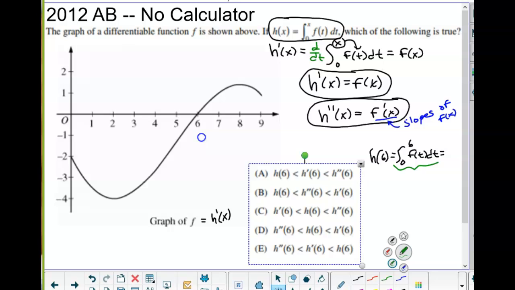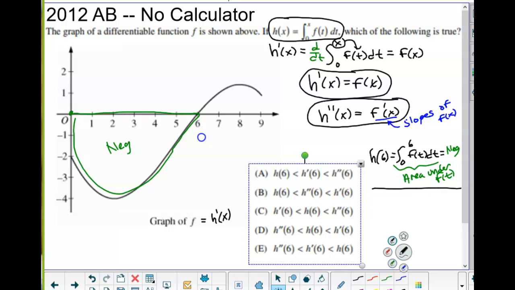Area under the curve. This is the area under f of t. We're going from 0 to 6. What do you know about that area? Negative. The area is negative. So I know that h of 6 is going to be negative.